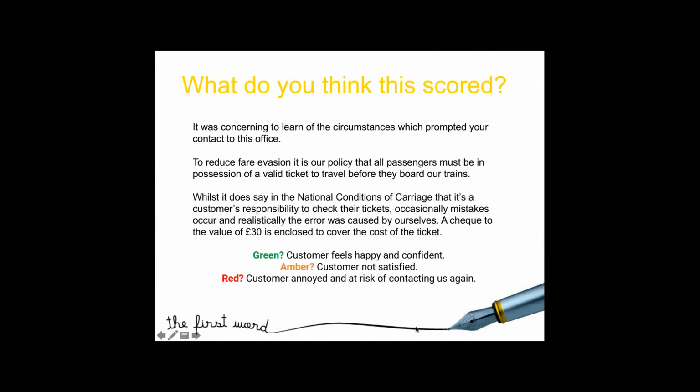I'm putting up this rail company's scoring system at the bottom. It's a simple traffic light system, green, amber, red. It's what lots of quality assessment score sheets use. So green is customer feels happy and confident, amber is customer not satisfied, and red is customer annoyed and at risk of contacting us again. So that's their way of scoring this.